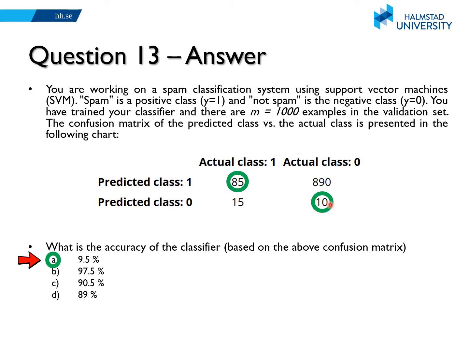Accuracy is just the number of data points that are correctly classified divided by the total number of data points. So the correct answer is A. So in this case, we get a very low accuracy.